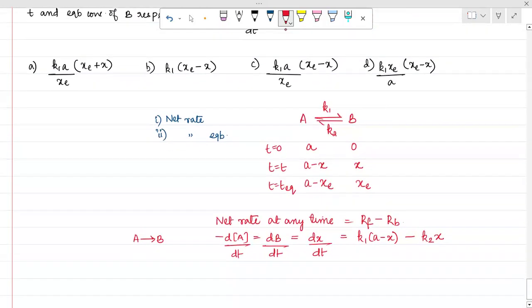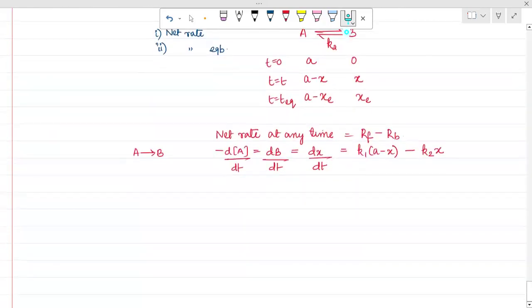But you can see that among the options, you have Xe in it, and the only rate constant which is present is K1. But in the expression of dx by dt that we have, there is only X and there is K2. So we need to eliminate K2 and we need to introduce Xe.